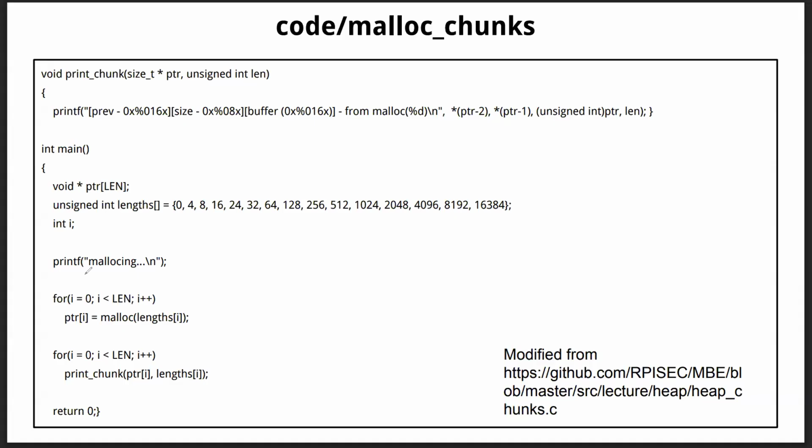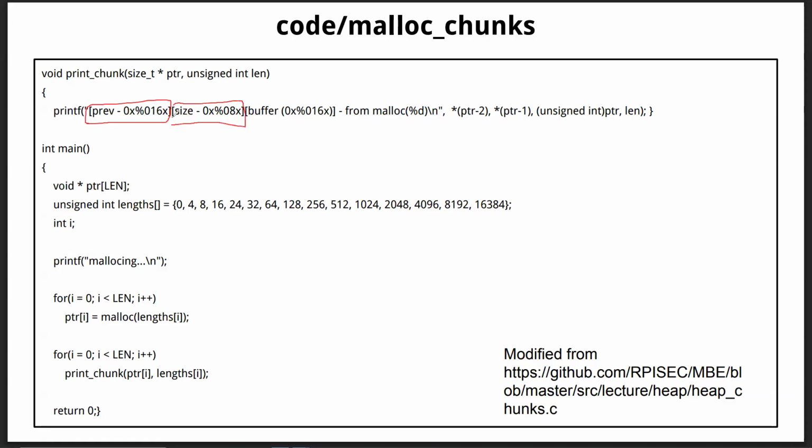It's right here. We first print out the previous field. Like I said many times, this one is not really used in the current version. Then we print out the size of it. The last 3 bits are not really for size. That's why you will see some weird things in the least significant bits there, but it doesn't really matter. Then you print out the buffer size, so this one maps to this one.